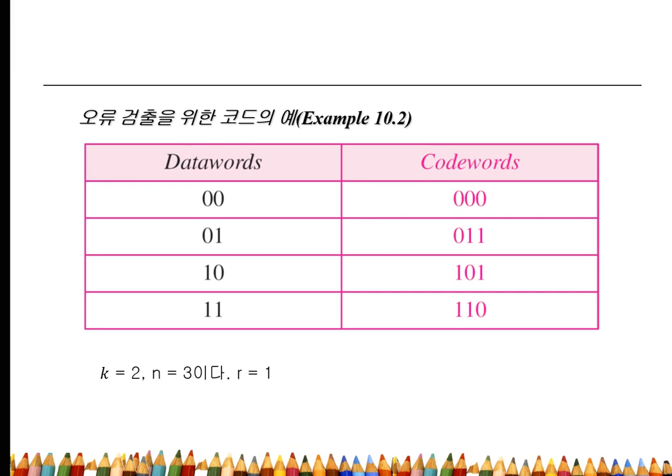For example, a data word now is 2 bits: 00, 01, 10, 11. And the code word with a redundancy bit is like this. We can add one more bit there, right? Is there any principle? Yes. The number of ones in the code word should be even.